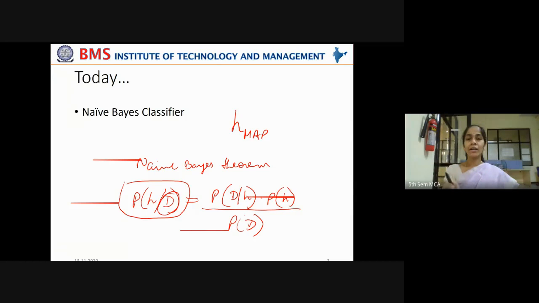Your machine learning model is given a set of training examples, and based on them, three hypotheses were formulated. Among those three statements, which is best suited to your training examples, which has the higher probability of being in consistency with the training examples, right?